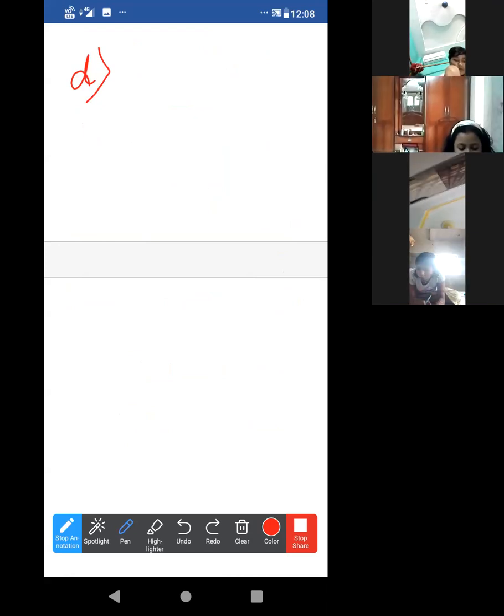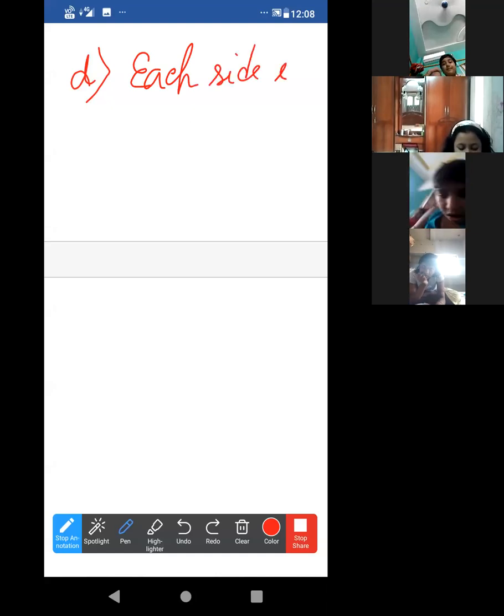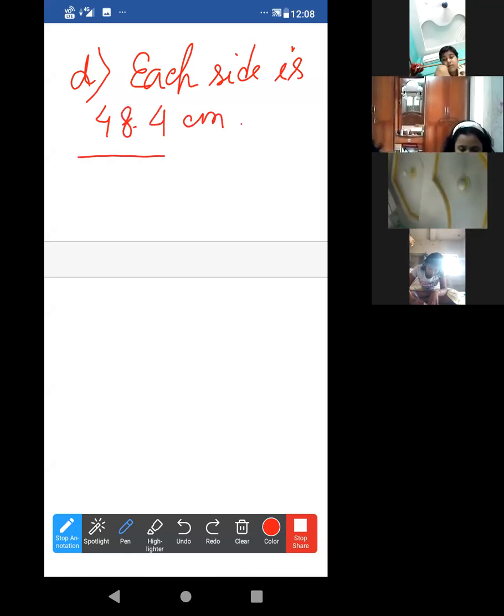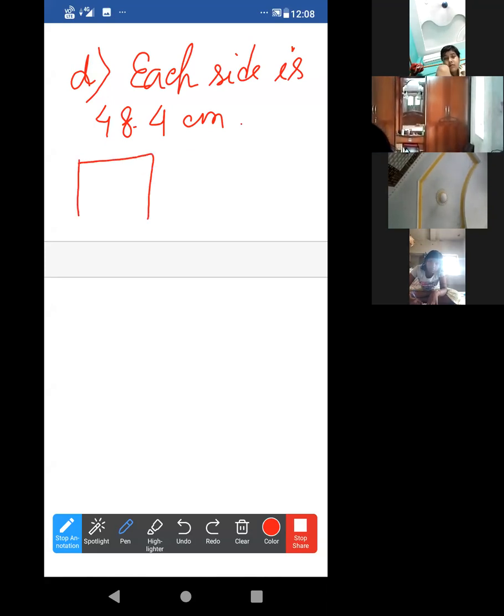Now number D, the fourth one. Each side is given 48.4 centimeter. This one is the square. So write perimeter.